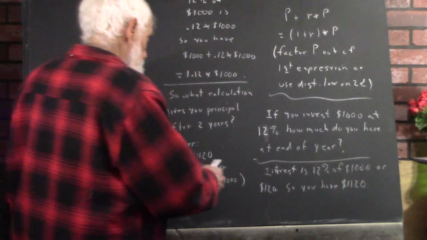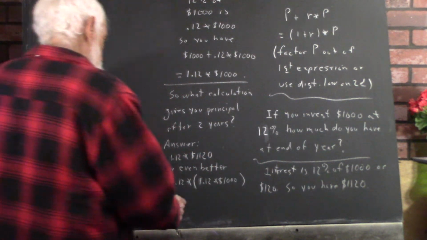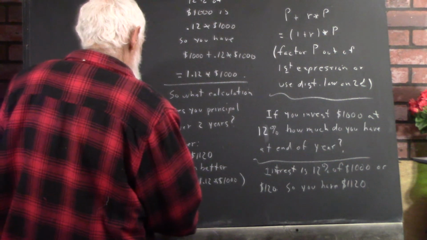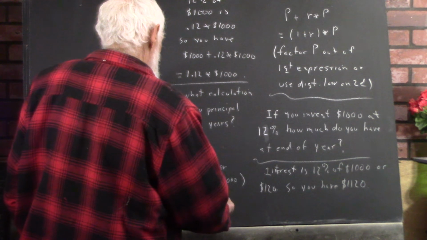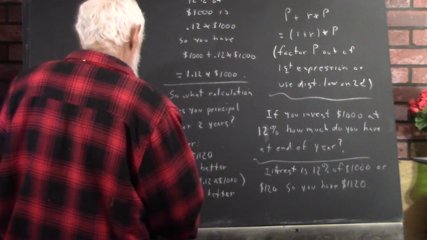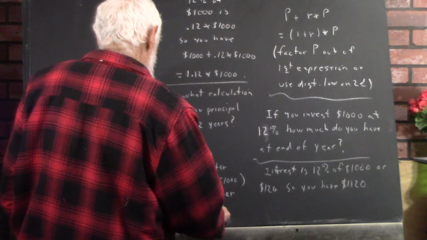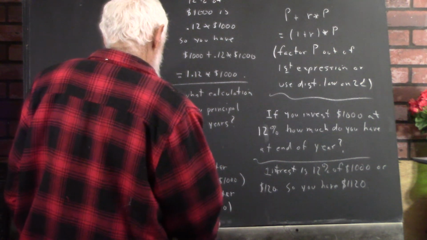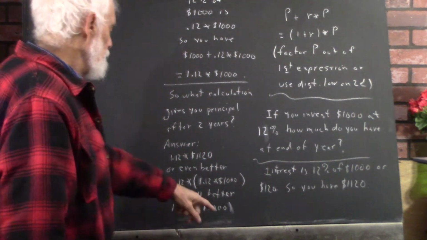Well, you can go to still better: $1.12 squared times $1,000.